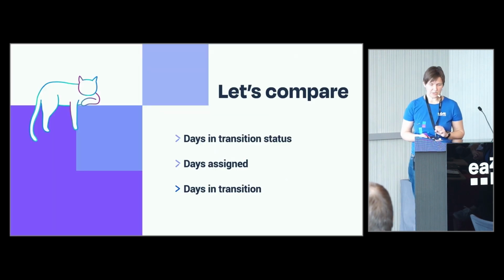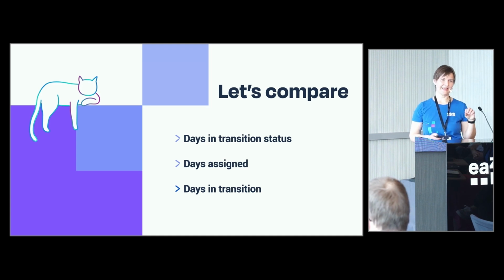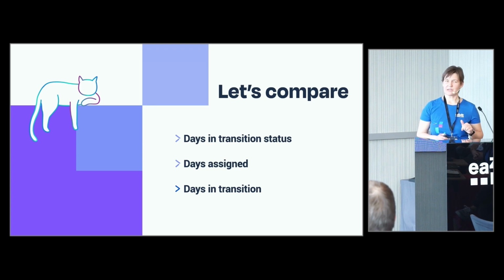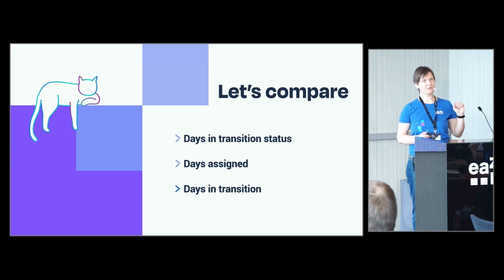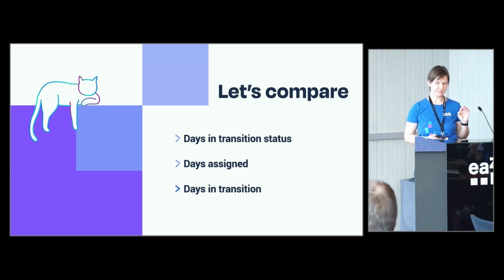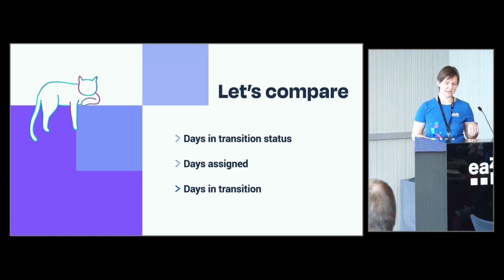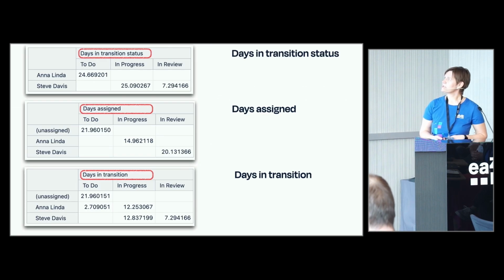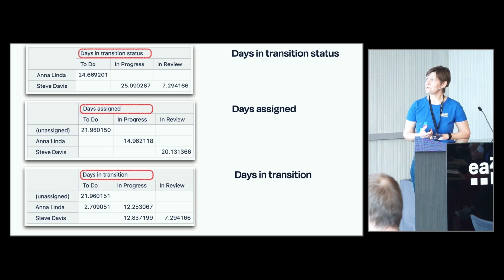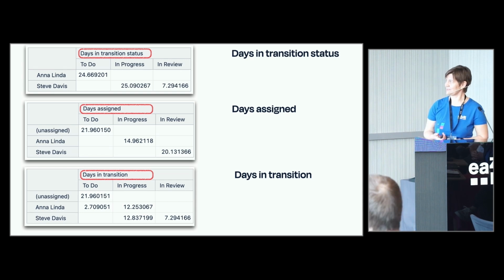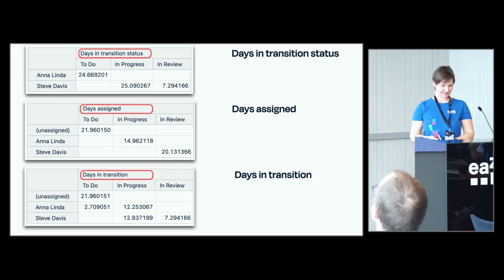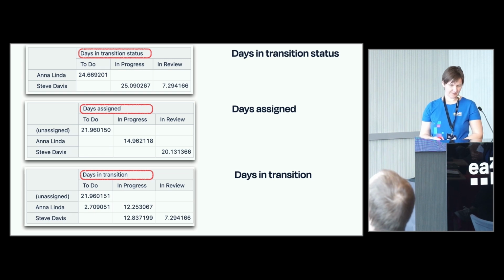Let's make a small experiment and compare what numbers are shown by different measures if the report structure's only difference is the measure. So we will have assignee in rows, status in columns, and see what is shown by different measures. And the results look quite suspicious. They are different. Especially if we look at the first two tables.